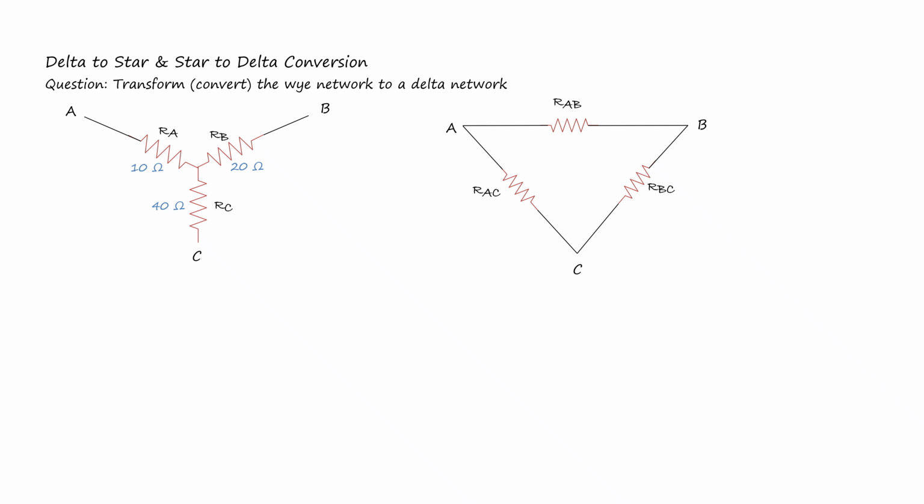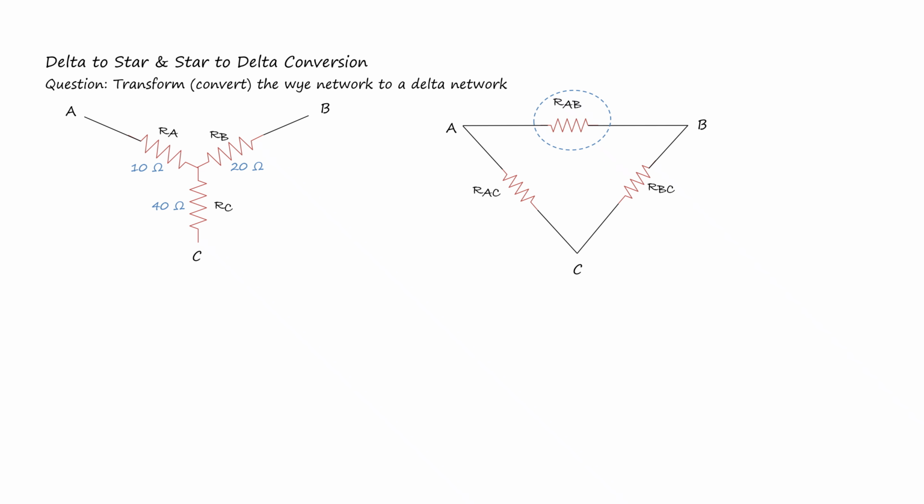As we know, the formula for RAB in the delta network is: we take the sum of all possible products of two resistors in the Y network, and we divide it by the opposite resistor.